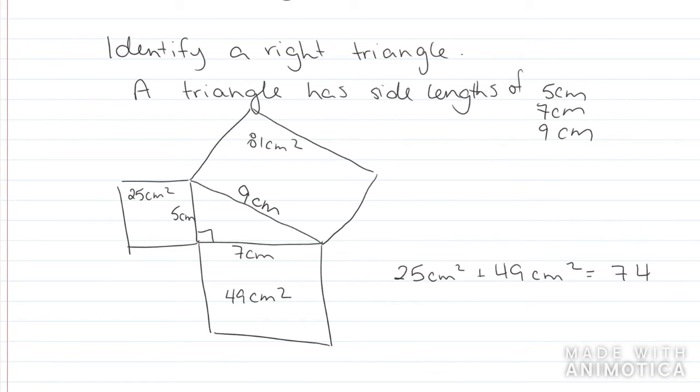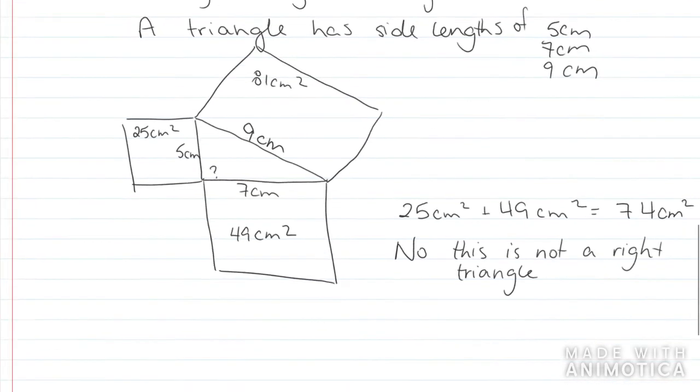Is that equal to 81? No. So this is not a right triangle, which means this square shouldn't be there. It should have been a question mark.